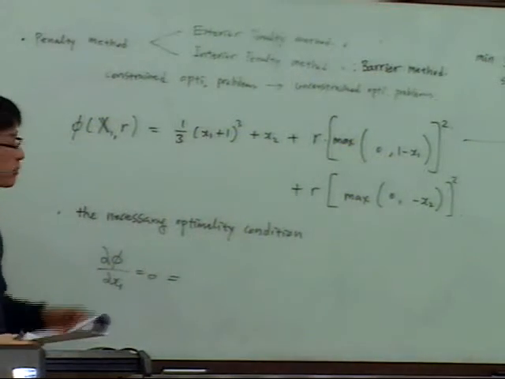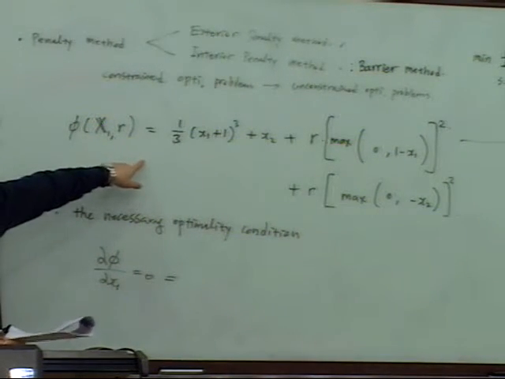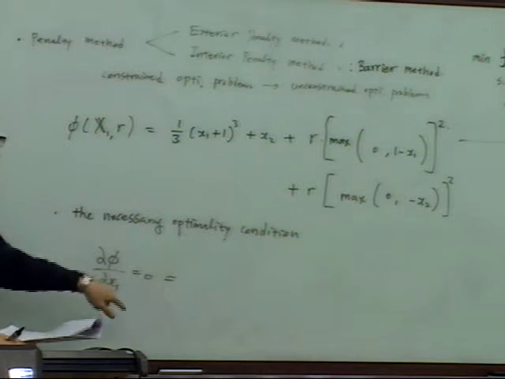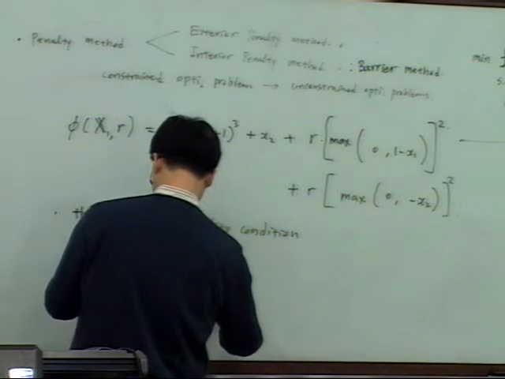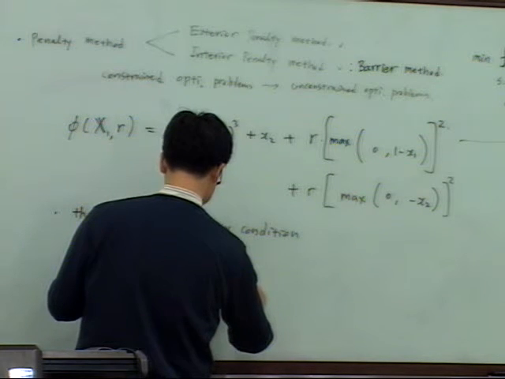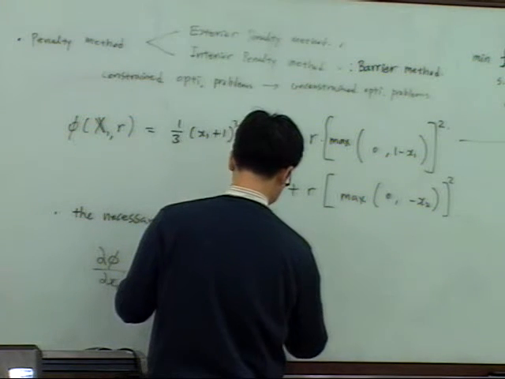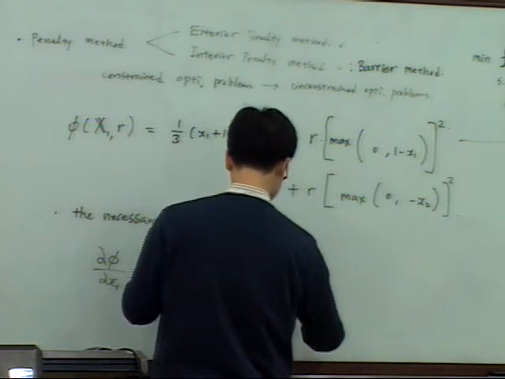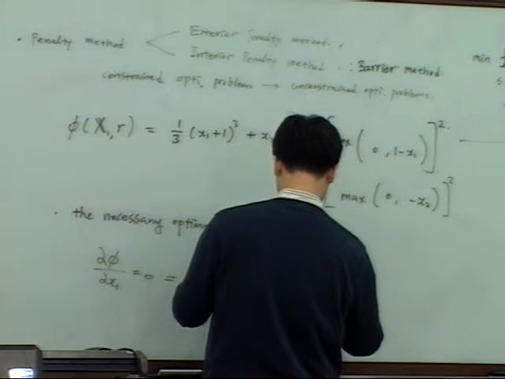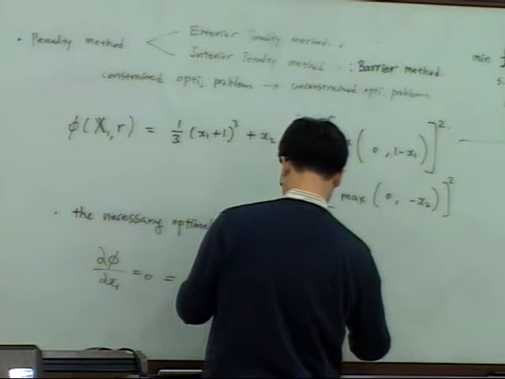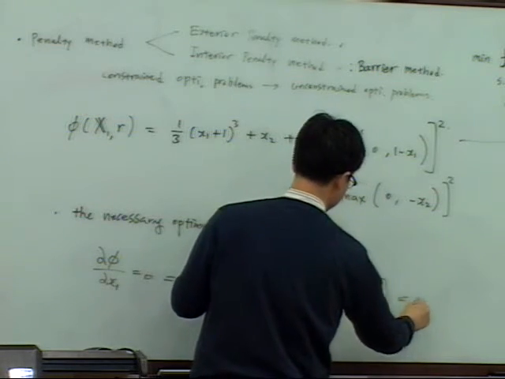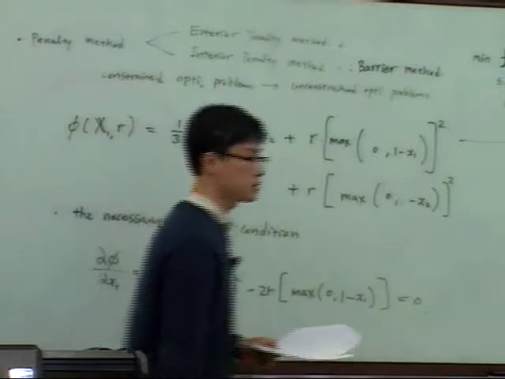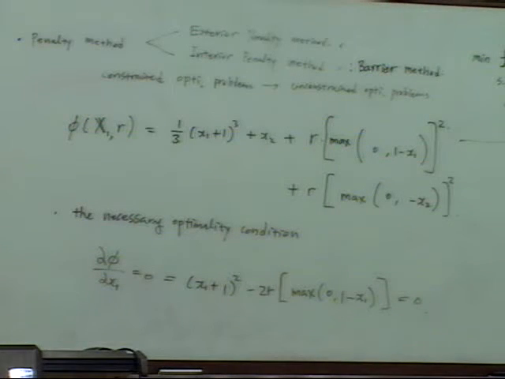And if I evaluate this equation, del p over del x1 is x1 plus 1 over square minus 2r, that's the first optimality equation from the optimality condition.